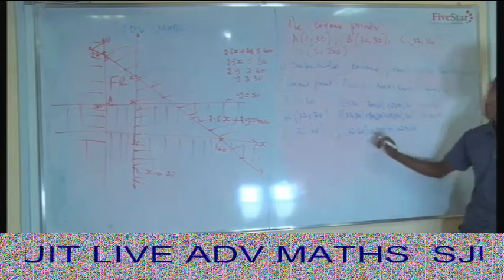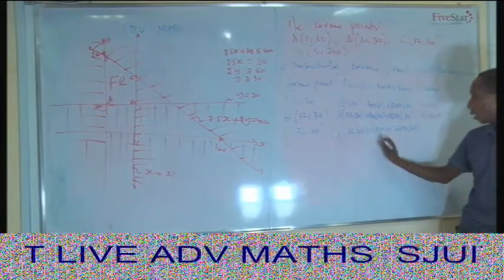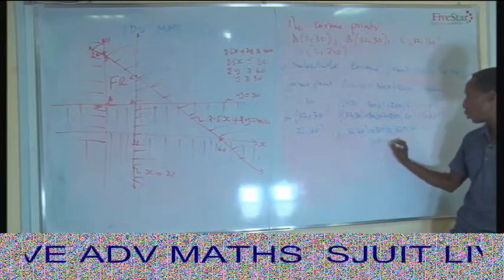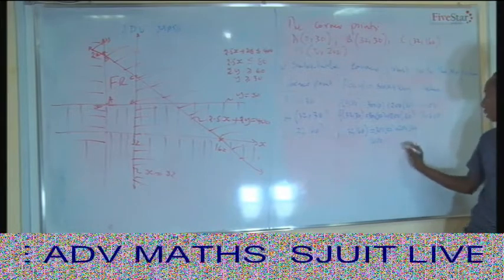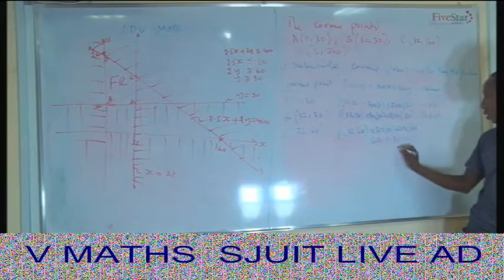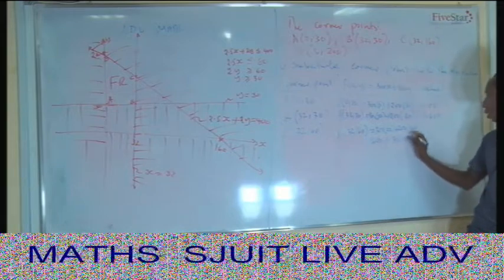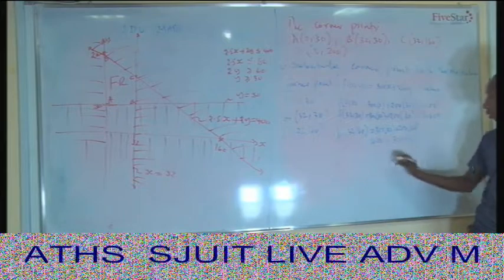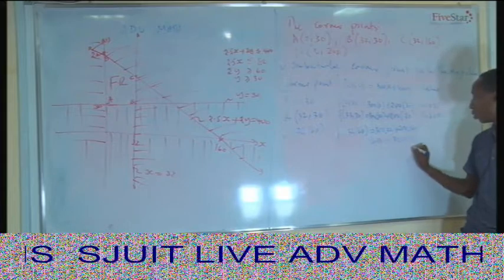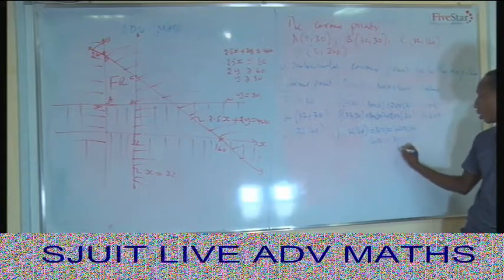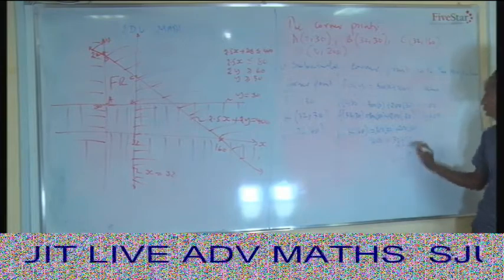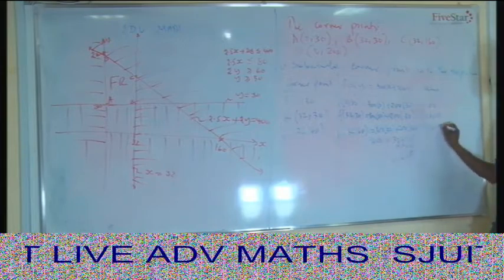Multiplying here, one can just use the calculator, which is allowed. 3 times 32 is 96, we have 3 zeros, plus 2 times 16 is 32, we have 3 zeros. Then adding here, we get 41,600.